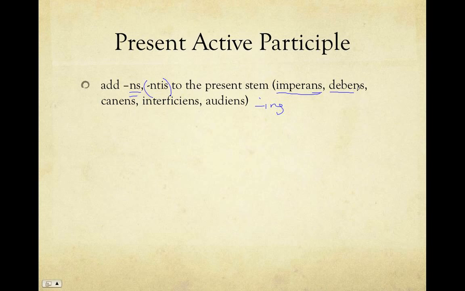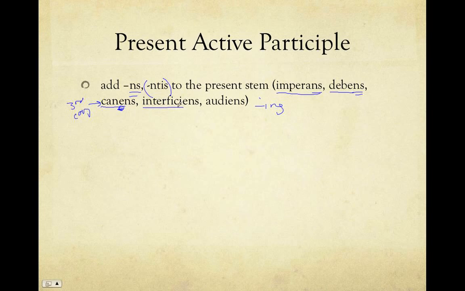Second conjugation, debe, to owe, add the ns: debens, owing. Canens, all right, so watch this. This is a third conjugation. The third conjugation, we're going to take the e from that stem and add ns, so canens, singing.